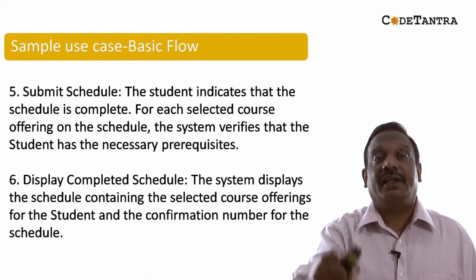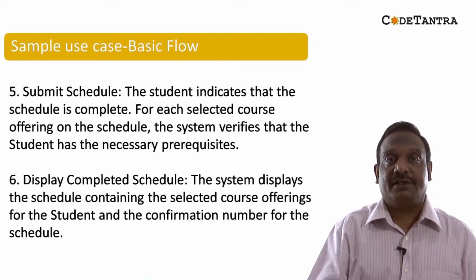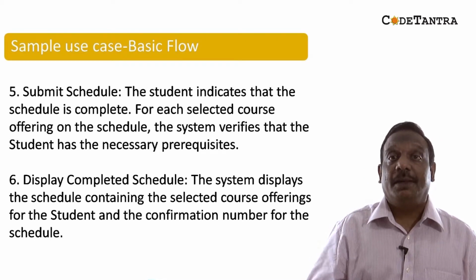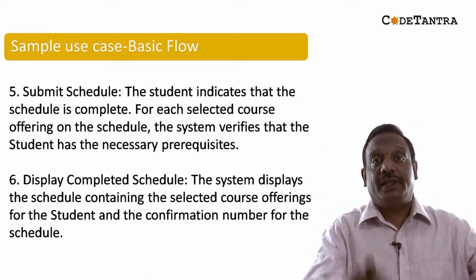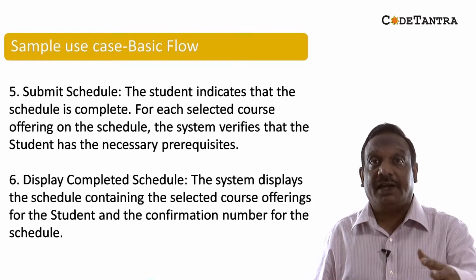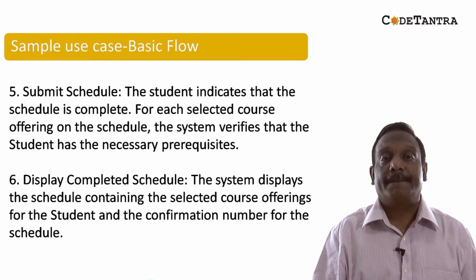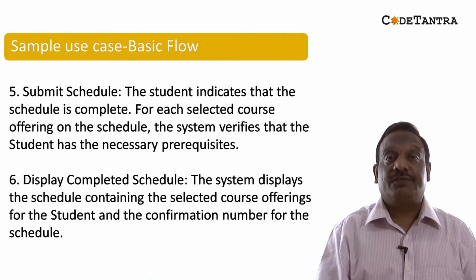Then for each selected course offering on the schedule, the system verifies that the student has the necessary prerequisite. The student may choose anything, but there should be some prerequisites met. Then only it will create a schedule. Otherwise, the system cannot produce a schedule for the student. So that is the fifth step.